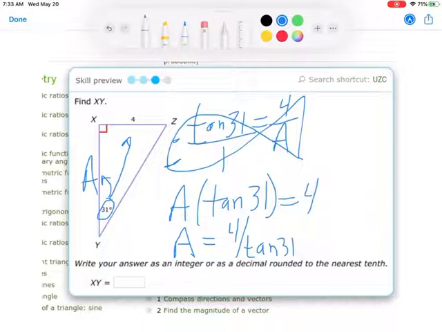Nice and easy. Oh, my phone shut off. Okay, 4 divided by tan 31. There it is, 6.7. I'll take it. Easy.